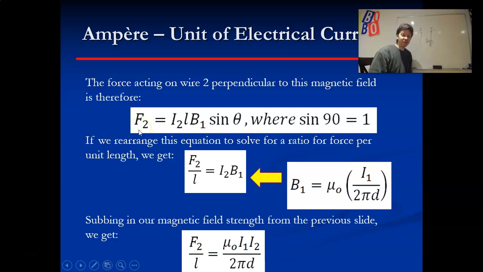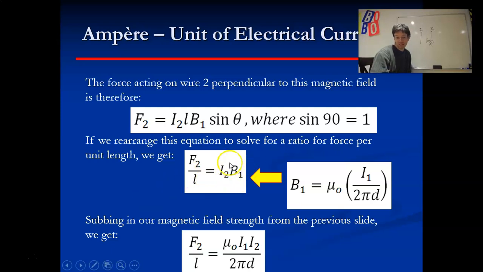Now, if we go back and use this, which is rearranged, the force on a current-carrying conductor in a magnetic field equals that magnetic field times its current times the length of the wire. So this is going to be B1, because that's the field that's inside of I2, times the length of that wire. Rearranging, we write force per length. We're just going to do a ratio of the force per unit length of any part of that wire equals I2B.